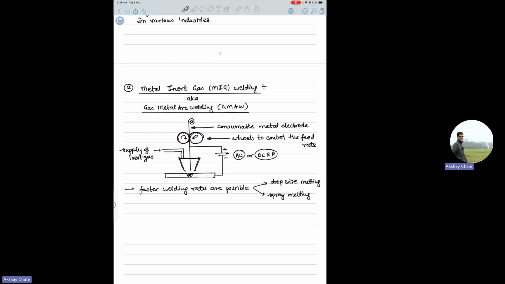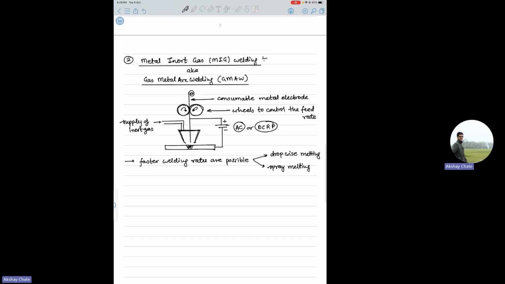Okay, and here the advantage is you don't need to use a separate filler, as well as no cooling water required. So this is the advantage as compared to the TIG.